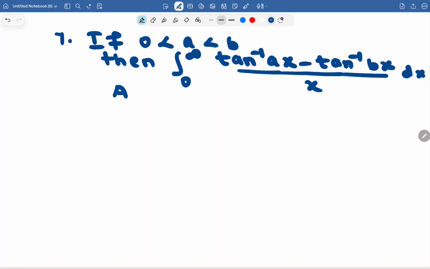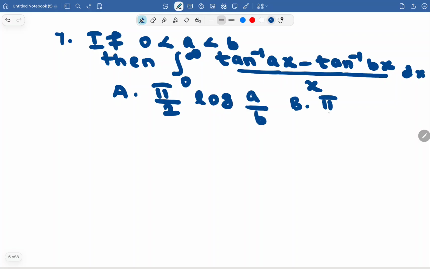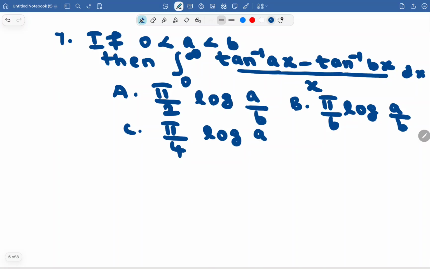Option A, pi by 2 log a by b. Option B, pi by 6 log a by b. Option C, pi by 4 log a by b.